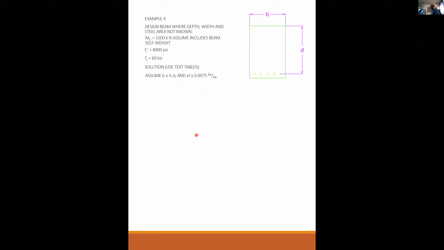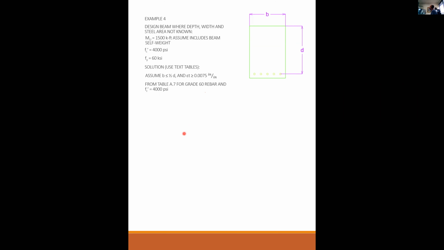Remember, if you have more than one unknown, you have to have some kind of target to guide you into the right solution. For this example, again, we're going to try B less than or equal to half of D, and we're going to target epsilon sub T at 0.075.